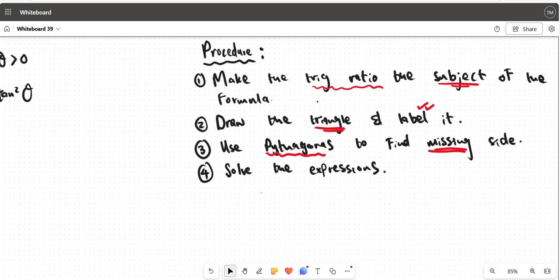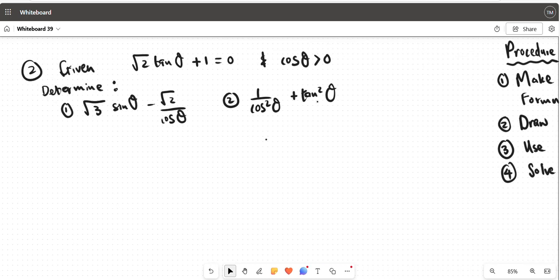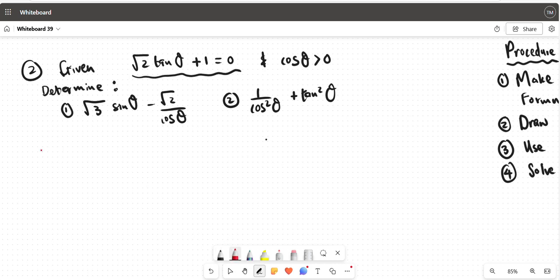The first one says, make the trig ratio the subject of the formula. So let's do that first. We're given this trig ratio up here, and we're going to make it the subject of the formula. So we're going to have root 2 tan theta plus 1 is equal to 0.